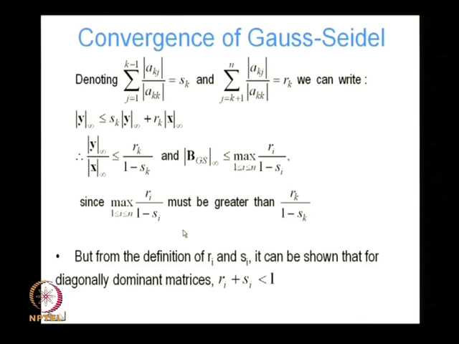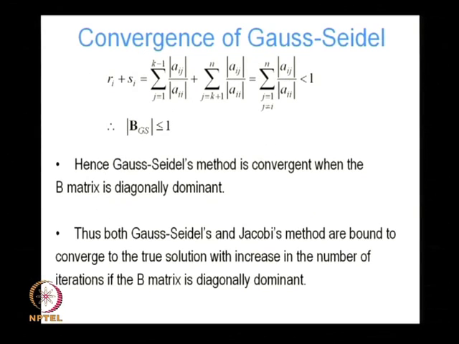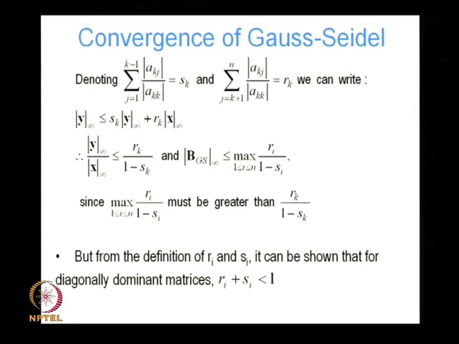But from the definition of Ri and Si, it can be shown that for diagonally dominant matrices, Ri plus Si is less than 1. Why is that? Well, we denoted Ri to be this, and we denoted Rk to be this and Sk to be this.